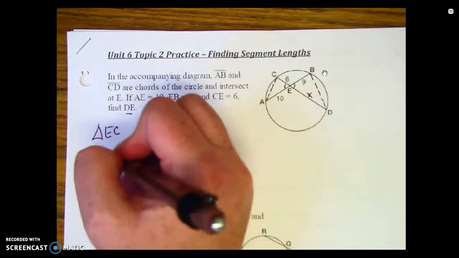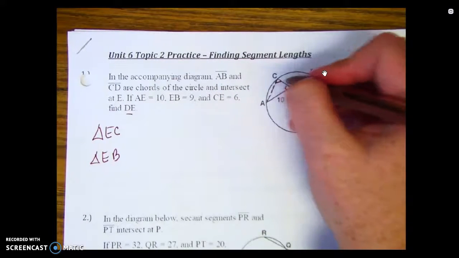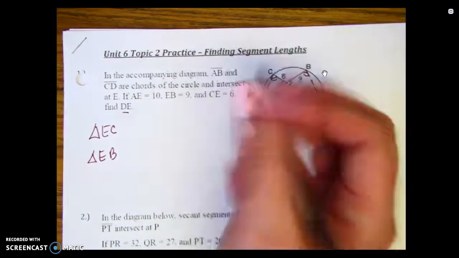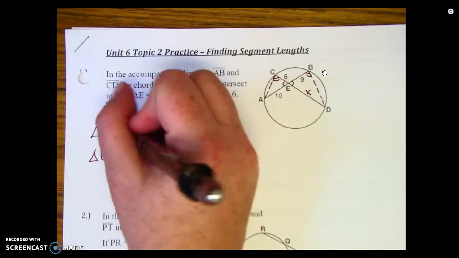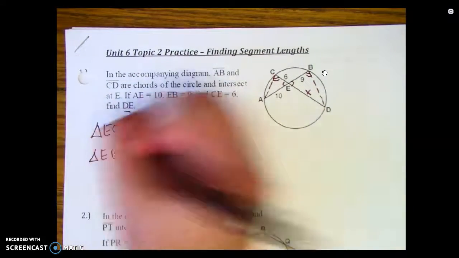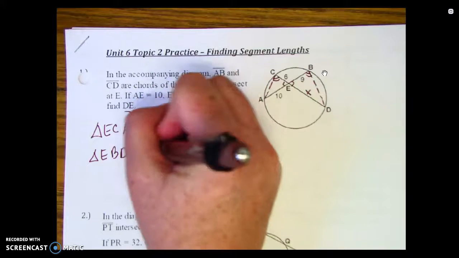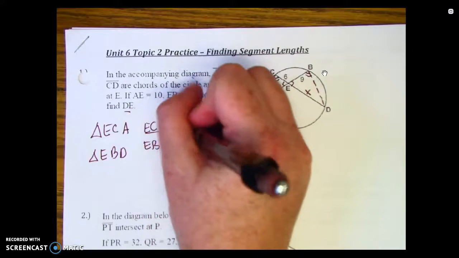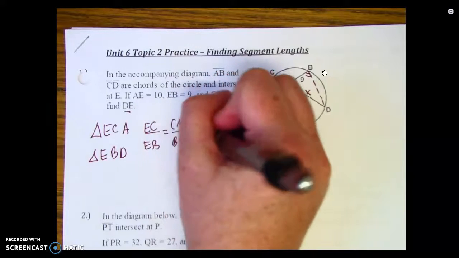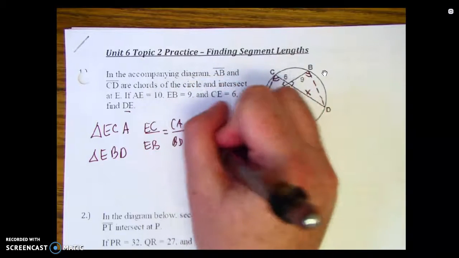And then I go C and B because those are inscribed and they open to the same arc. So ECA and EBD. Then I have EC over EB, CA over BD, and EA over ED.